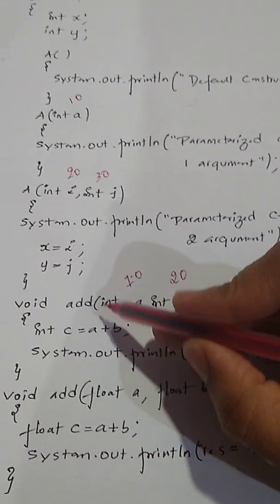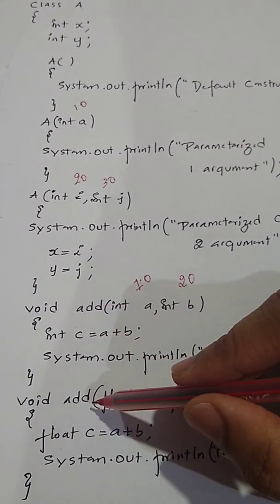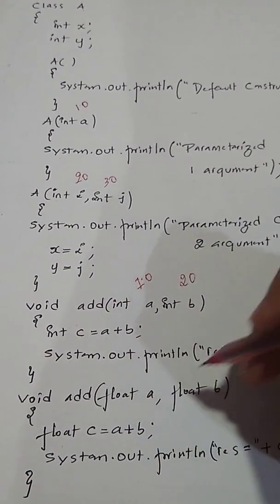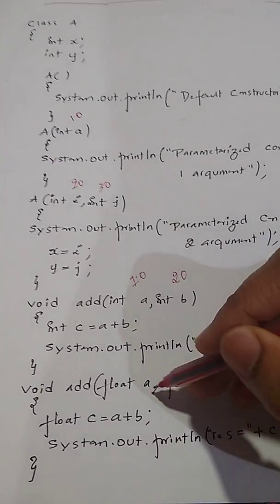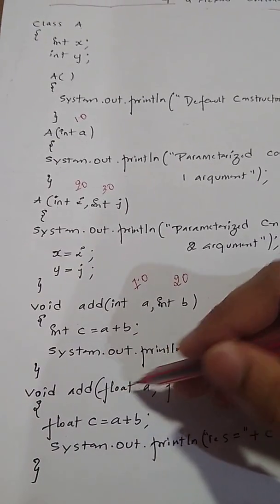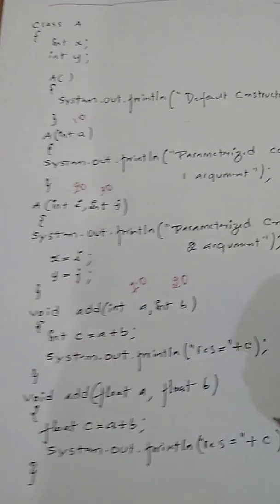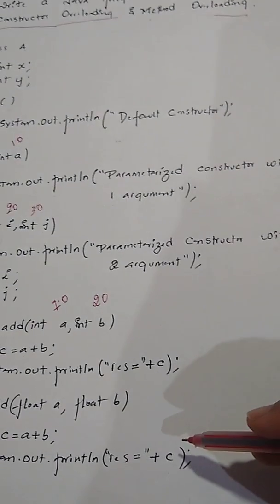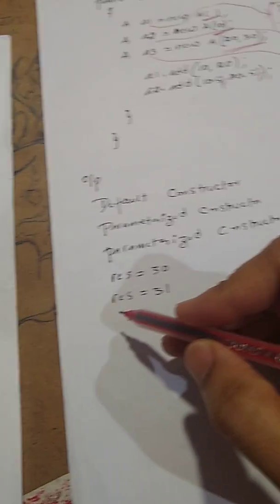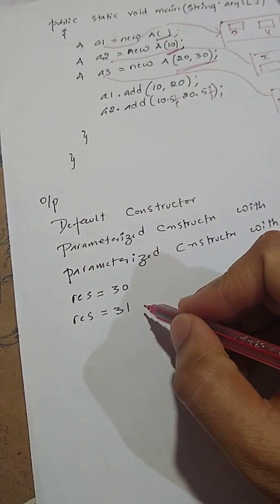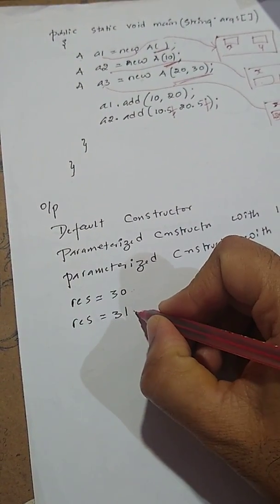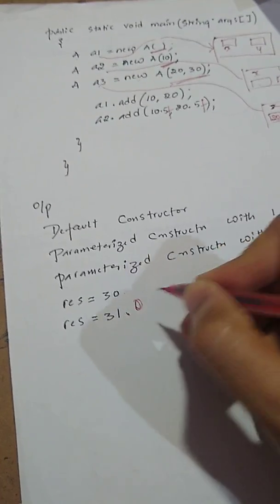So even though there are two add functions, the second one takes two floating point values, so this function will be called. A will get the value 10.5 and b will get the value 20.5. That will be added, stored in c, and displayed. So what is the output? We'll get 31, I think 31.0. Okay, this is the output you'll get.